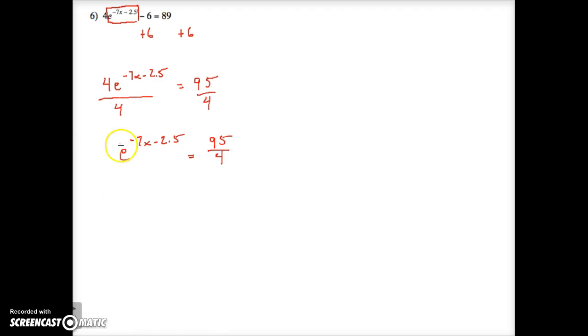Okay, and now since my base is e, when I take the log, I'm going to take the natural log of both sides. So I'm going to take the natural log of the left side and the natural log of the right side. And that allows me again to use my power rule, which allows me to move this exponent down in front.